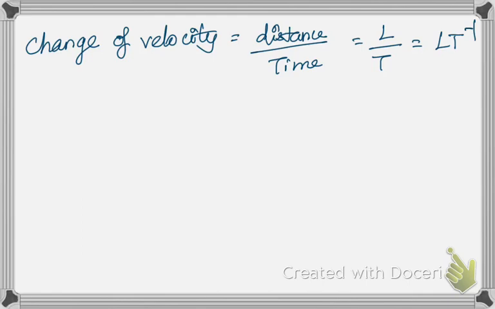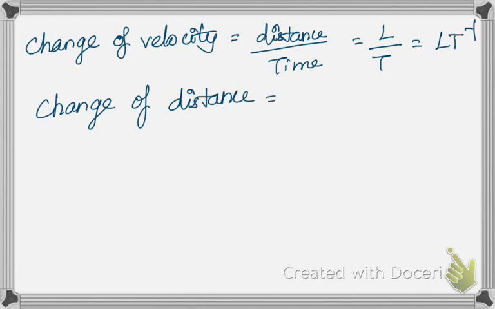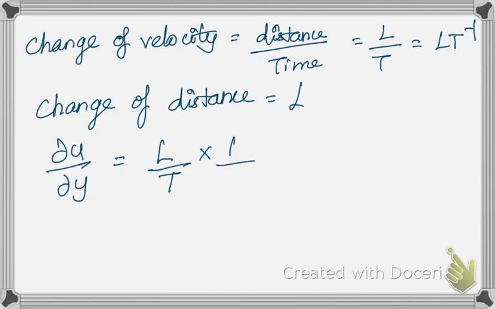And next is change of distance. Change of distance means length. So I can straight away write it as L. Okay. Now dou u by dou y will be equal to L by T into 1 by L, because y is in the denominator, so it is going to be 1 by L. So L and L will be cancelled off.